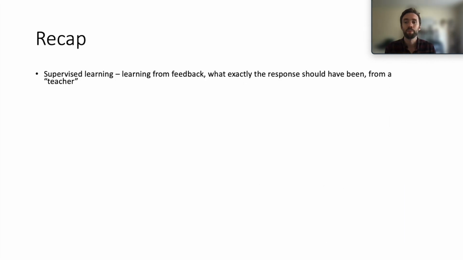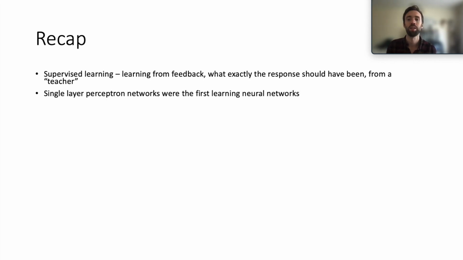So, to recap, supervised learning is learning from feedback, and a particular type of feedback where a teacher informs us exactly what our response should have been. We touched on single-layer perceptron networks as the first learning neural networks.